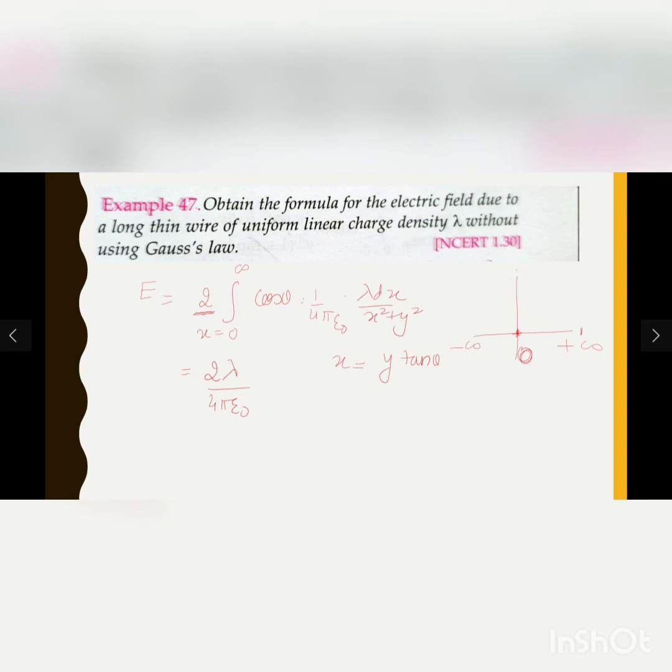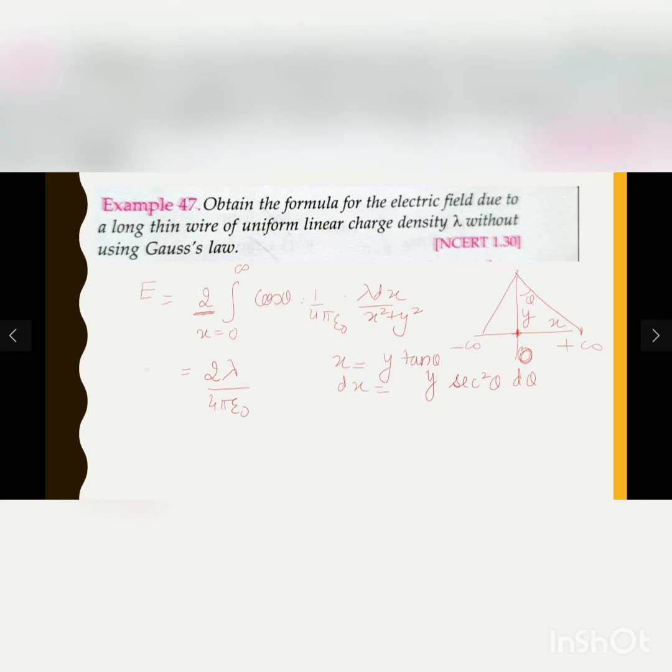From this figure, this was theta, this was y, and this was x. So my x can be written as y tan theta. This gives me dx as y secant square theta d theta. This is just the derivative, the derivative of tan theta is secant square theta. So I have taken the value of dx in terms of theta.